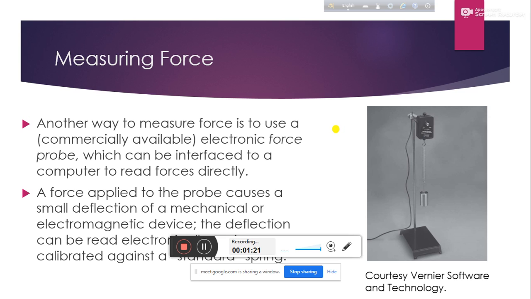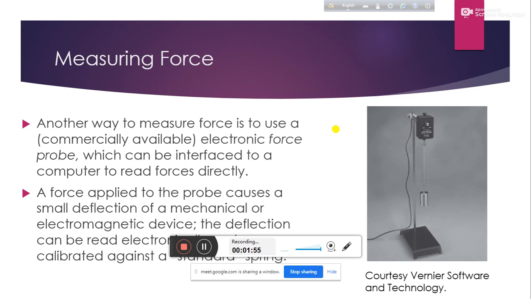For a particular acceleration such as 1 unit of acceleration, 1 meter per second square, we called the responsible force 1 unit force. Similarly, for 2 meter per second square acceleration, we defined it as 2 unit force, and 3 meter per second square, 3 unit force, and so on.